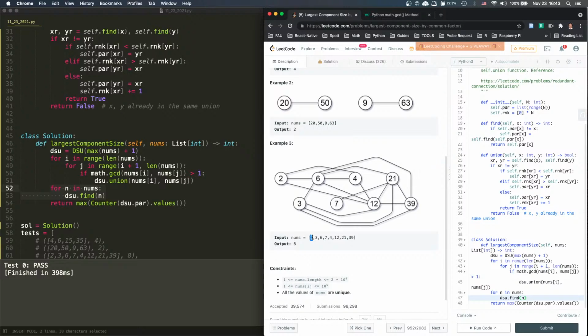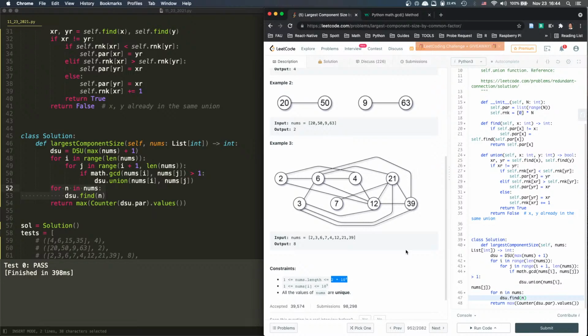So the point is to, huh, 2 times 10 to the 4th. 2 times 10 to the 4th. Shoot. What do I do? What do I do?